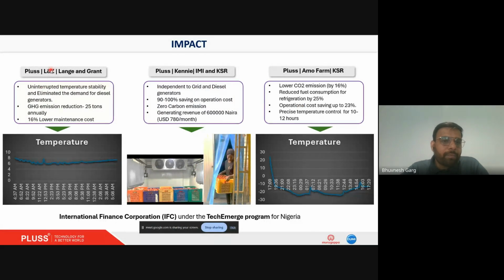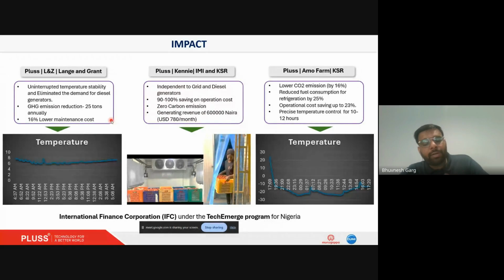So the impact which these three projects have generated, one is GHG emission from the first project, we have reduced approximately 25 tons of GHG emissions using our solutions, and there was a 16% lower maintenance cost because you are not using any electrical battery for storing your electrical energy.